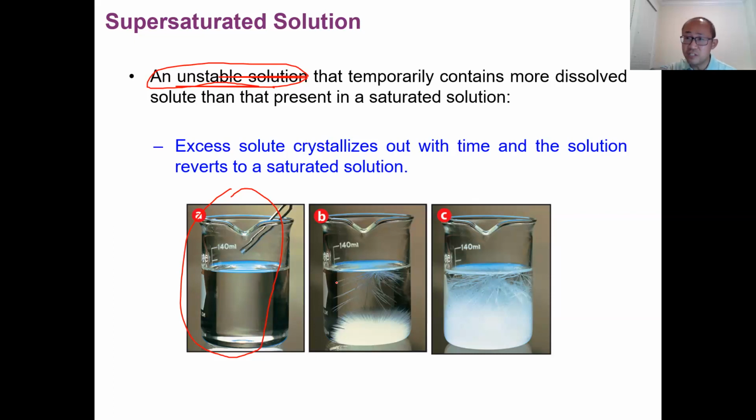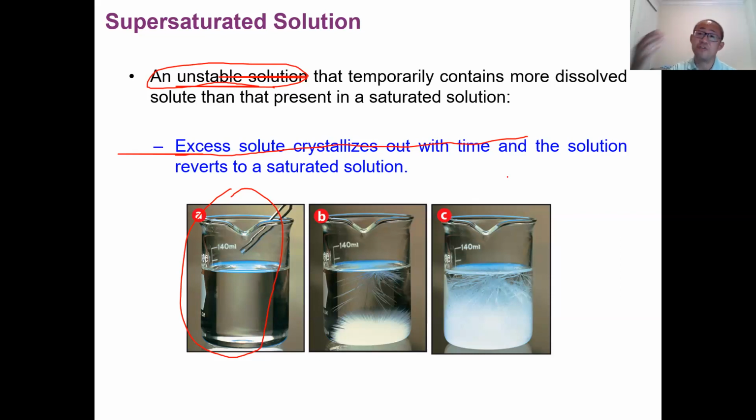And the reason we call it unstable is because it dissolves more than it should. When there is some little disturbance, like you put a glass rod in it, or maybe you touch it with your hand, the excess amount of solute will crystallize out very fast.